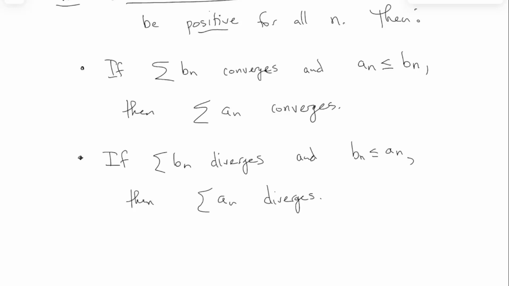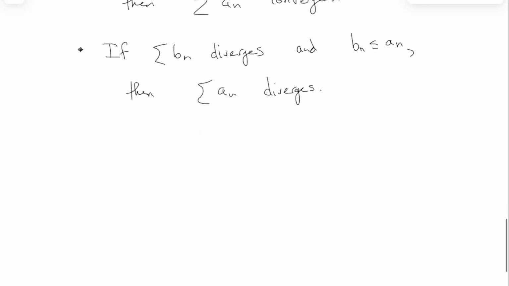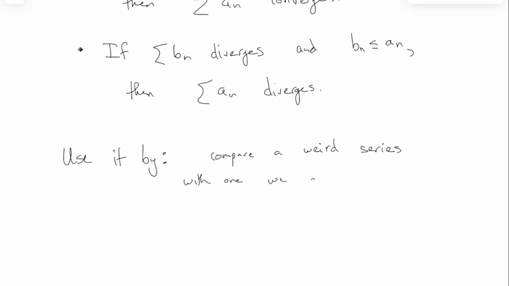All right? And the typical way that we do this is, I will say you use it by comparing a weird sequence, or series is what I should say, compare a weird series with one that we already know. And the ones that we already know are the geometric series, which I will just write once again.